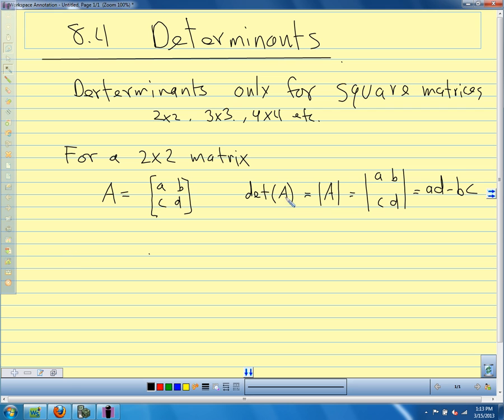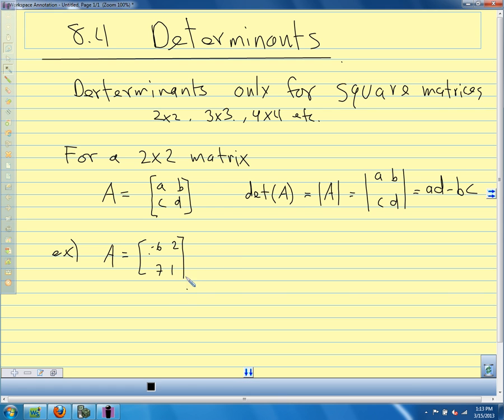So again, our symbol for determinant is the det, the absolute value around the name of the matrix, or these straight brackets around the elements of the matrix. An example of a 2 by 2 matrix: A equals -6, 2, 7, 1.